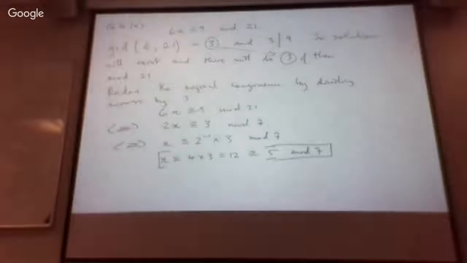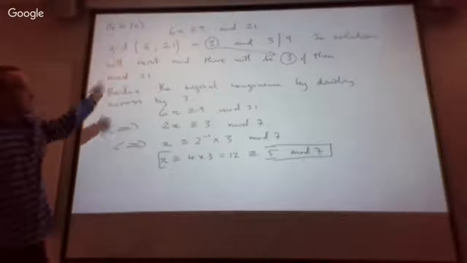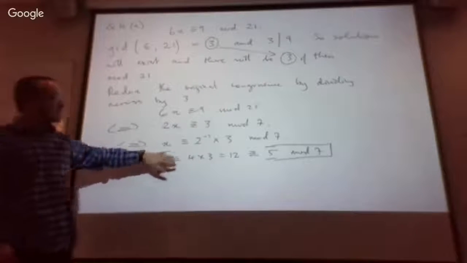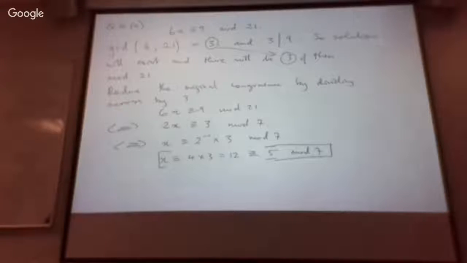Okay. So that's our solution to the problem: the integers x which solve that come from the congruence class of 5 modulo 7. But the original problem was posed modulo 21, so you've got to lift this up to modulo 21, and the congruence class of 5 modulo 7 basically comes from 3 different congruence classes modulo 21.